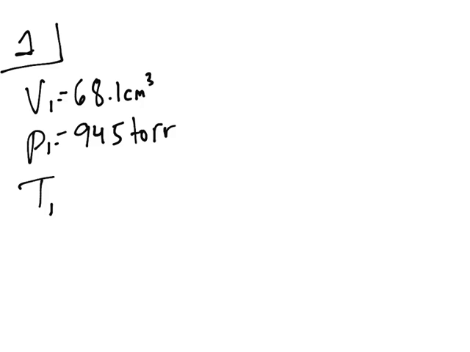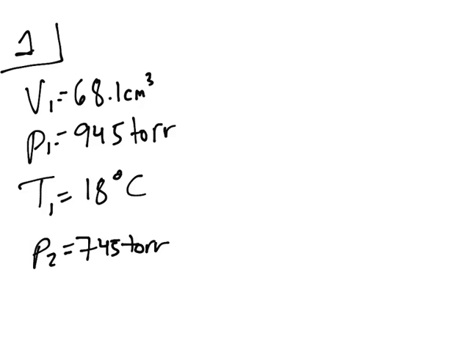So our temperature 1 is 18 degrees Celsius. What volume would the gas occupy at 118 degrees Celsius and 745 torr? So they're telling us the P2 is 745 torr, and that the temperature 2 is 118 degrees Celsius. So that will only leave us with volume 2, which is what they're asking.